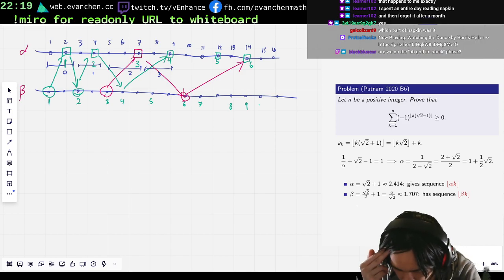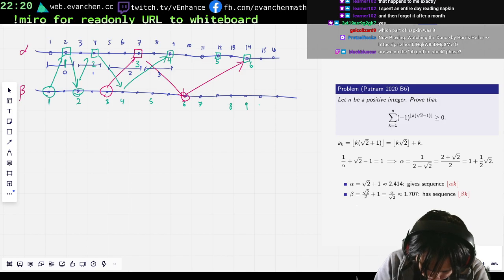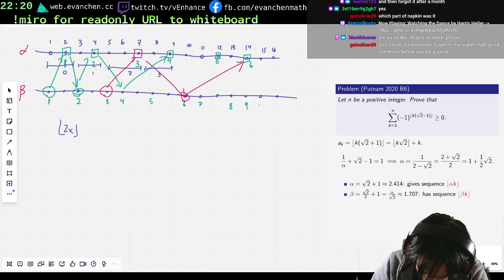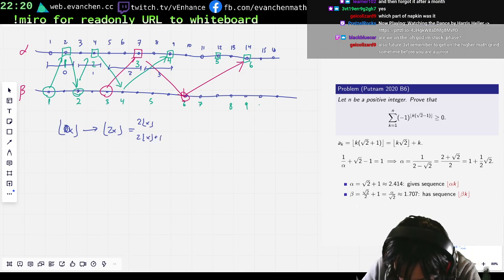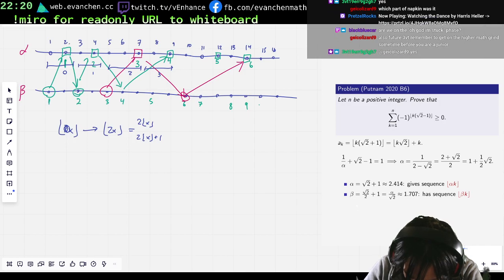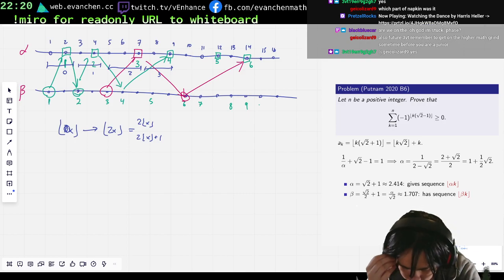So when I go from x to 2x, this is always equal to either twice the floor of x or twice the floor of x plus 1. So when I follow the chain from the view of the top, this is either doubling or doubling plus 1. My hope is it's not double plus 1 too much. The same is true on the bottom. It's either double or double plus 1.